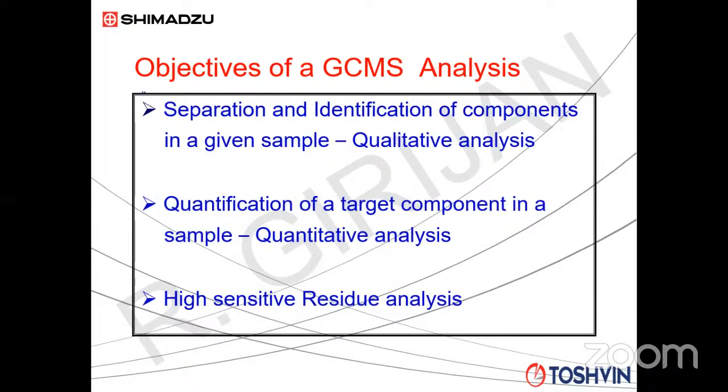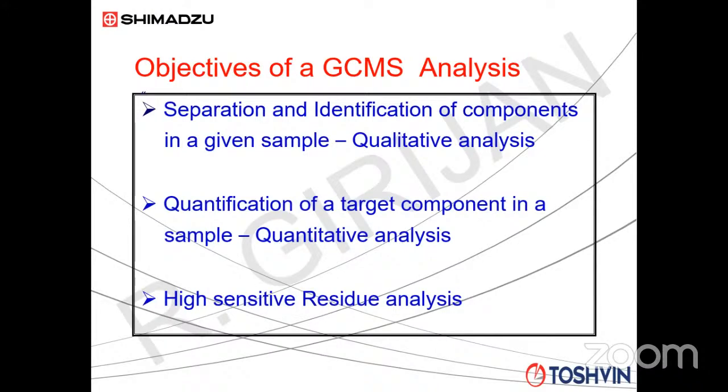And all these pesticide residues are present in extremely trace concentrations. They are at residue levels. And our instrument should be capable enough to separate, identify, and quantify these targets, which are present in very, very trace concentrations. That is called a residue analysis. Forensic applications are also very sensitive residue analysis.